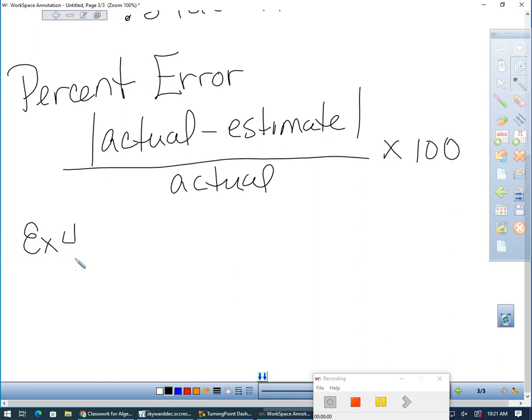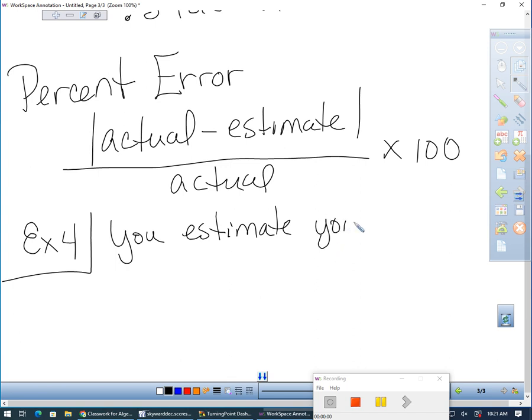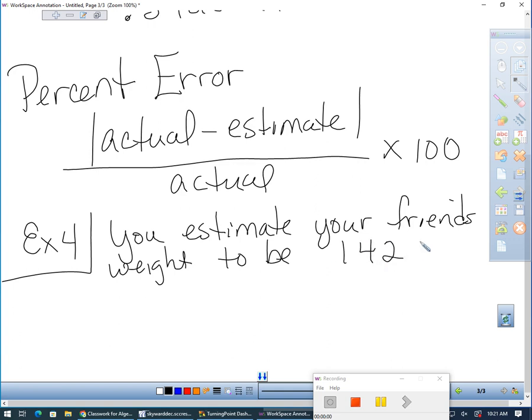Example number 4. All right. So let's see if we can put this into practice. You estimate your friend's weight to be 142 pounds.